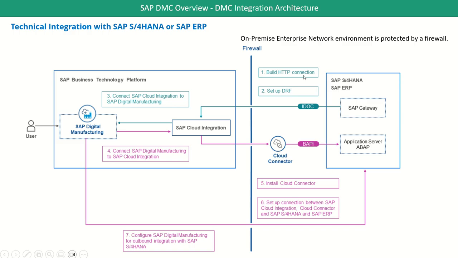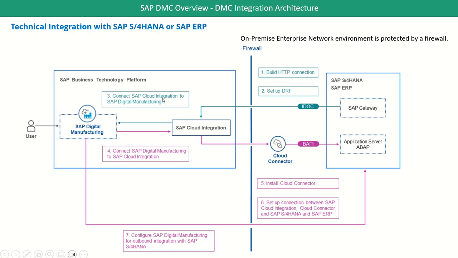So first, the HTTP connection configuration needs to be performed on the S4 HANA side, and a data replication framework set up. By using this, we can send master or transactional data to SAP DM. Setting up the DRF is required, and after that, in step three, you connect SAP Cloud Integration to SAP Digital Manufacturing.